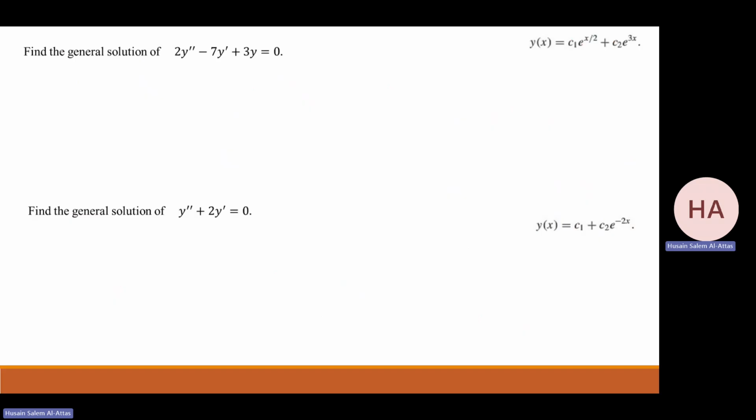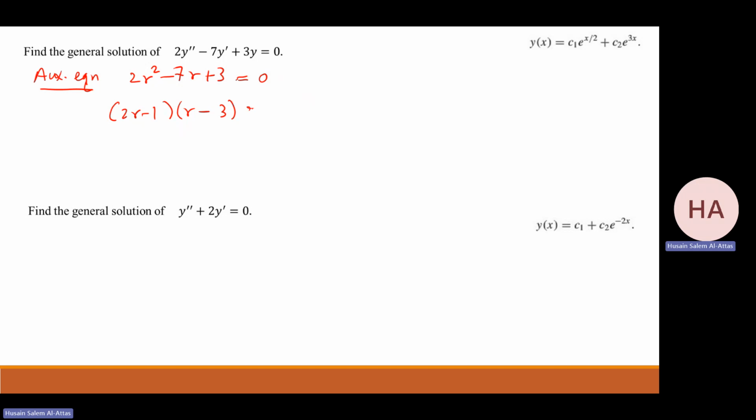Okay, so let me do examples. The first one, I need to solve the auxiliary equation. What will be the auxiliary equation? Right away, that will be 2r squared minus 7r plus 3 equals 0. I need to factor this: 2r minus 1 times r minus 3, just like what we did in the prep.